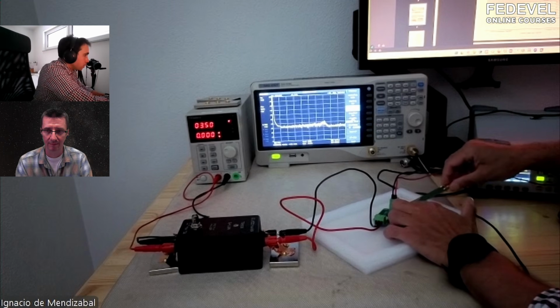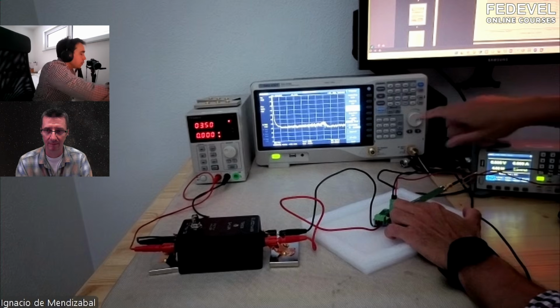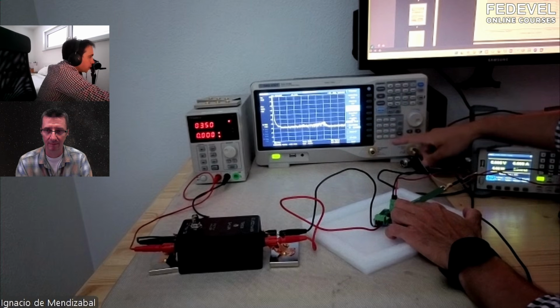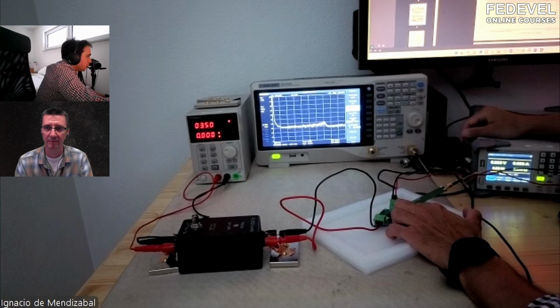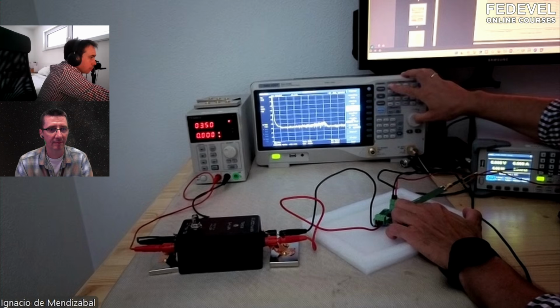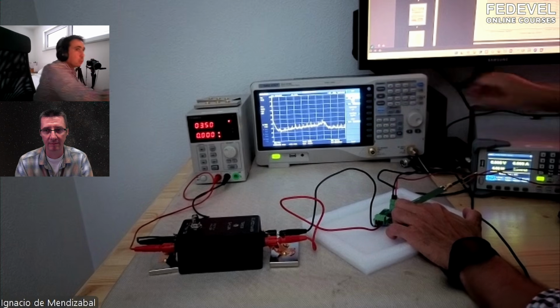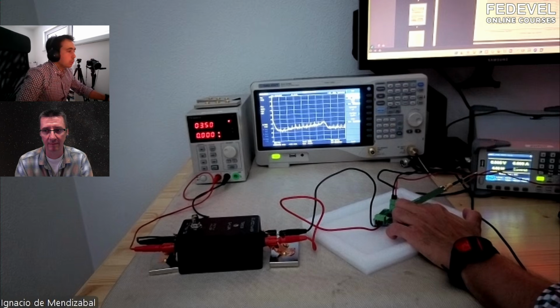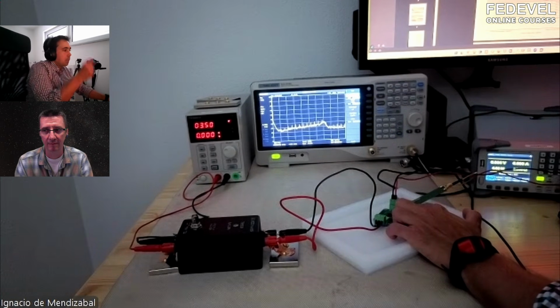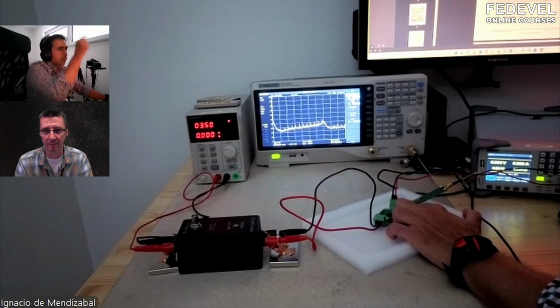One thing we can do: here we see that the frequency goes from 0 to 10 megahertz, and that the resolution bandwidth is 120 kilohertz. One option is to reduce the bandwidth of the measurement. The spectrum analyzer uses a filter, in this case 1 kilohertz, and makes a measurement, then another one.